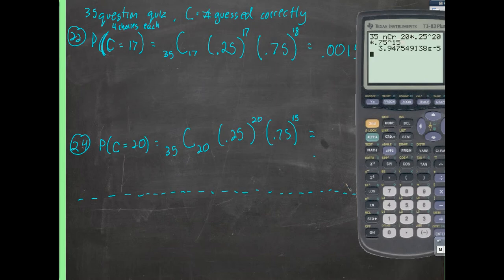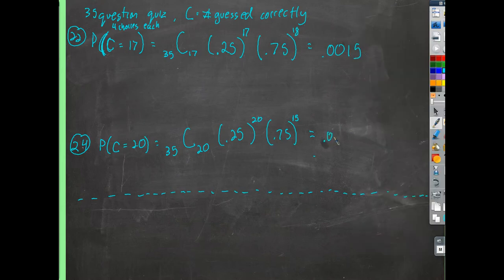And so this is really unlikely, which shouldn't surprise you if you have a very poor chance of getting any one question correct, and you're trying to get 20 out of 35. Maybe 20 out of 1,000 is a pretty good probability, but 20 out of 35, that's pretty high. And to get exactly that many is really bad probability, so 0.0000039.